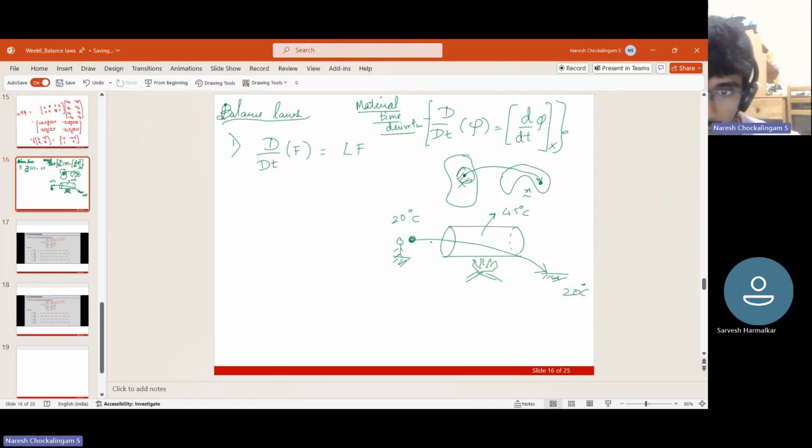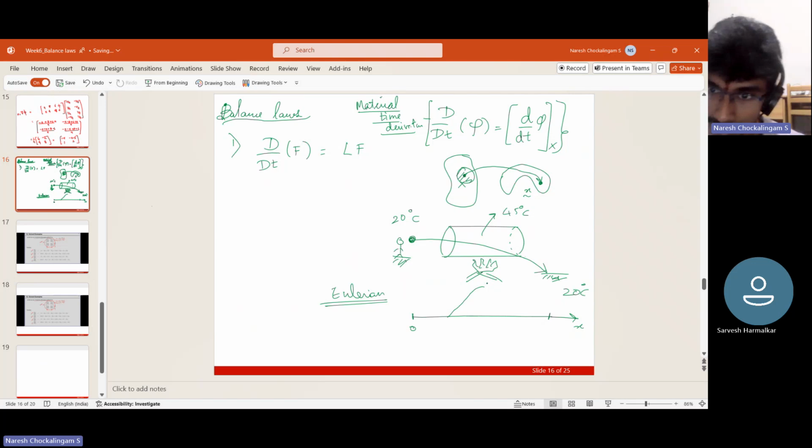So that is one. So in a spatial setting, in an Eulerian setting, if you plot the temperature distribution, this is small x, the spatial x. So let's say where the ball is released, that is x equal to 0. Until this point, the temperature is at 20 degrees. Somewhere in between, the temperature goes up to 45 degrees.